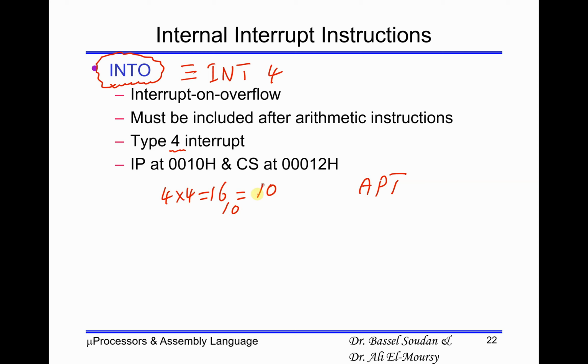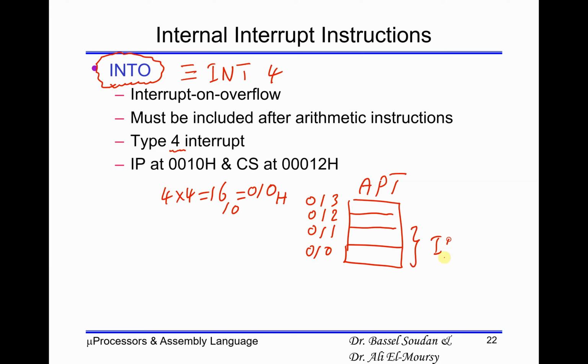That means in the APT, I have to go to the memory locations 010, 011, 012, 013, to grab the IP value for interrupt 4 and the CS value for interrupt 4.